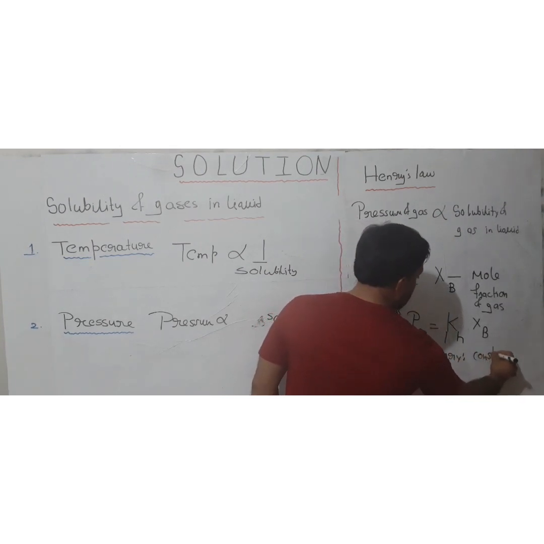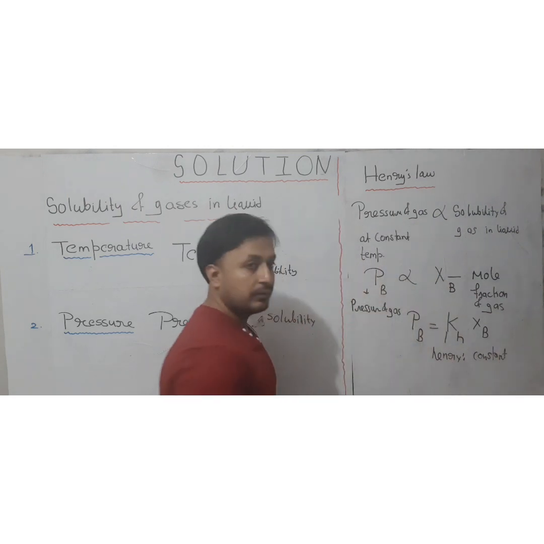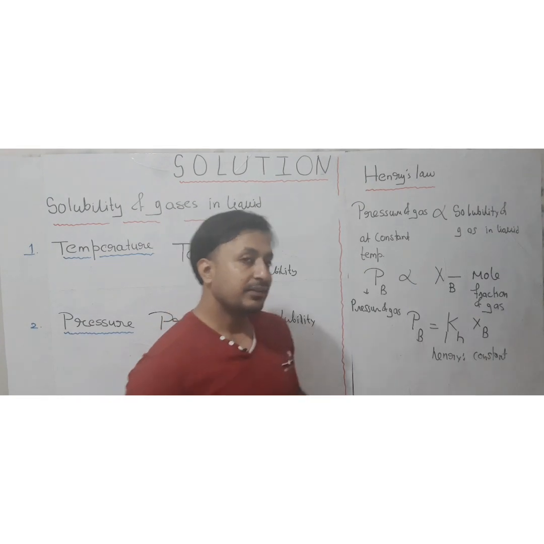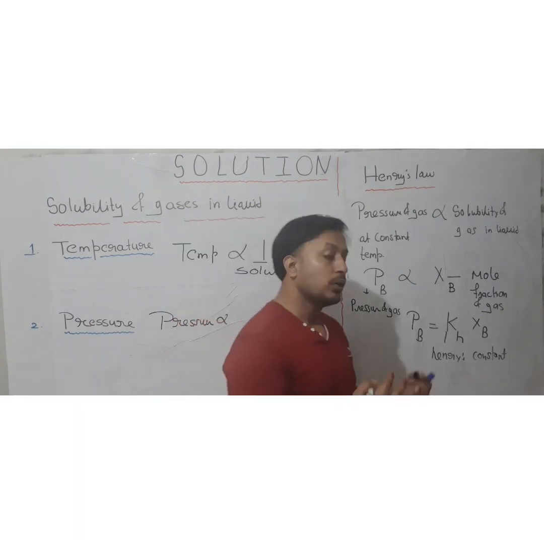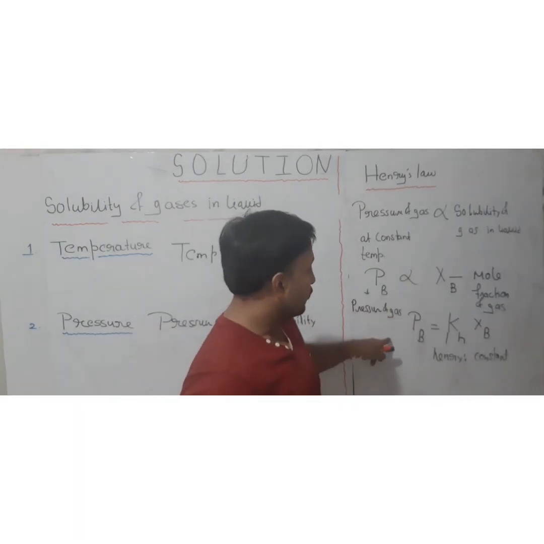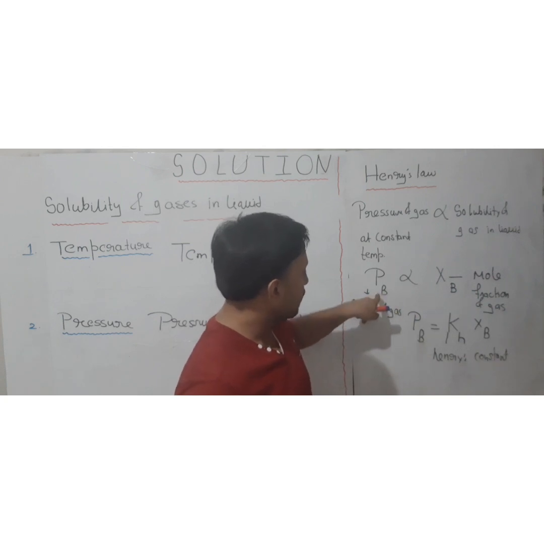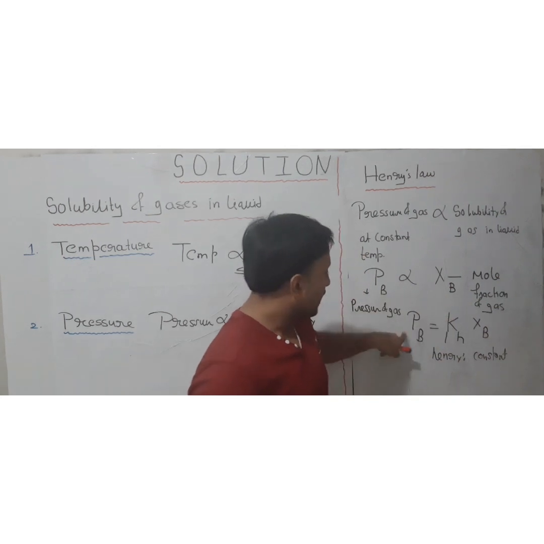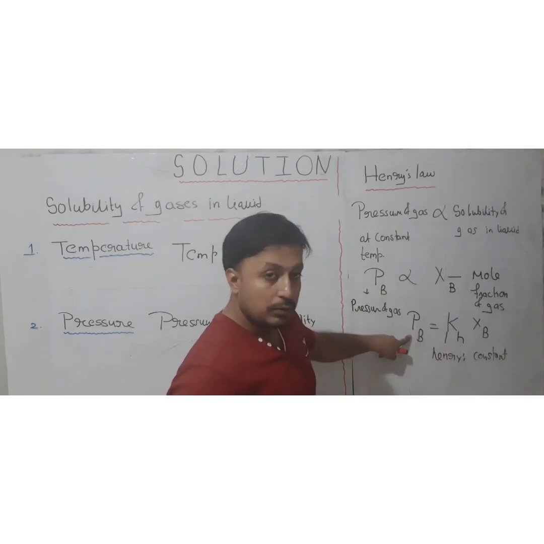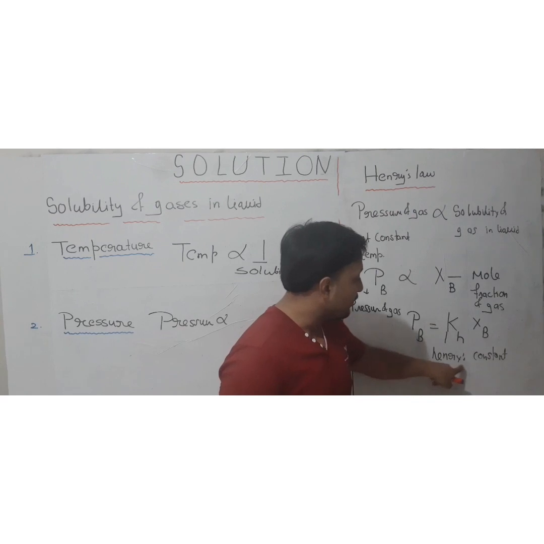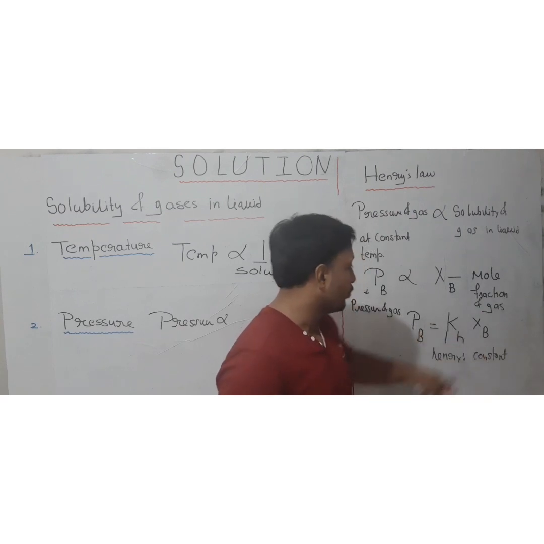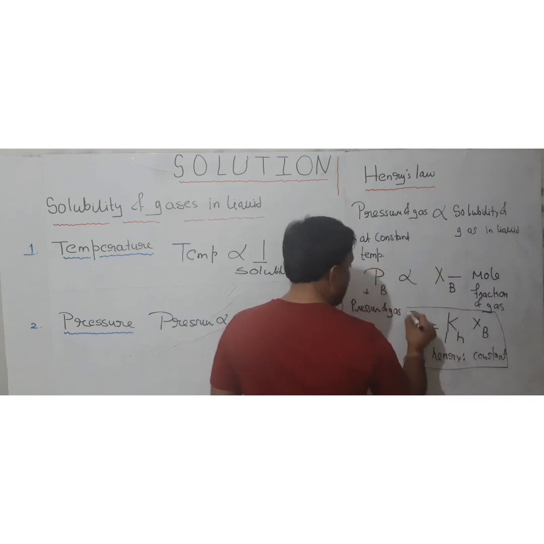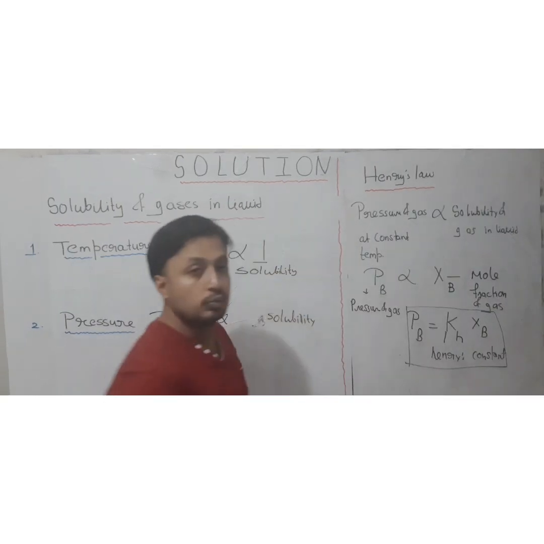The value of this constant is not fixed because it will vary for different gases. There are different gases, so the value of the constant is also going to vary for different gases. So what we conclude is that the pressure of a gas is directly proportional to its mole fraction in a solution, and the pressure of a gas, denoted by PB, is equal to KH, Henry's constant, into XB, which is the mole fraction. So this is going to be the formula, and it has many applications too.